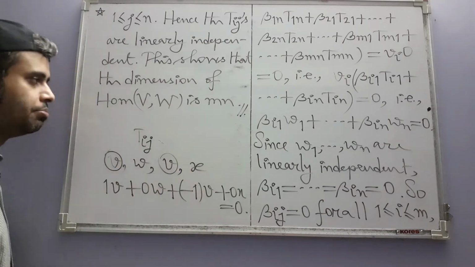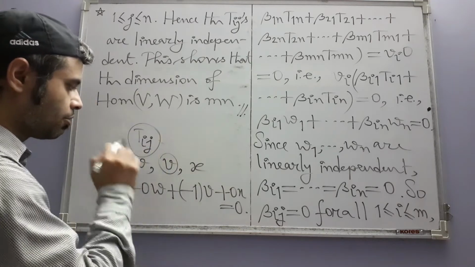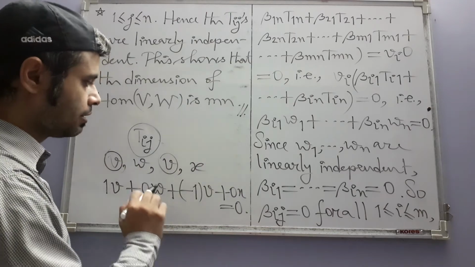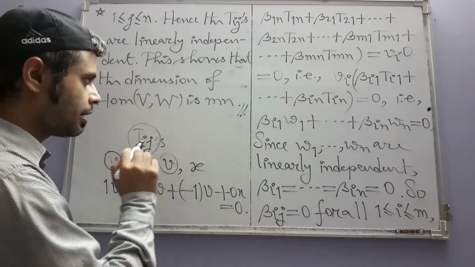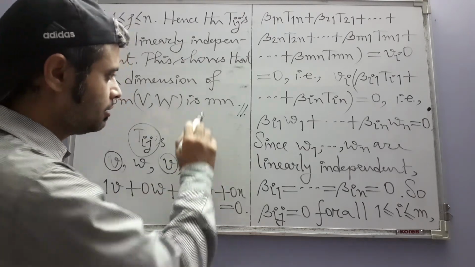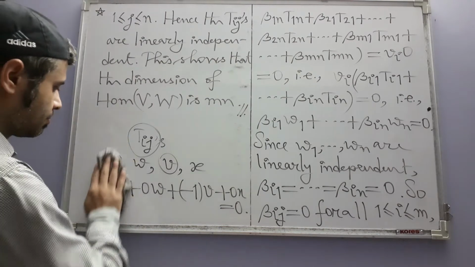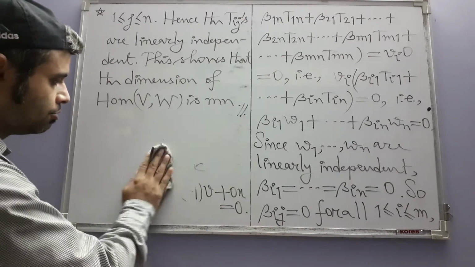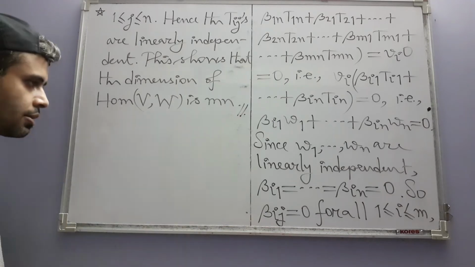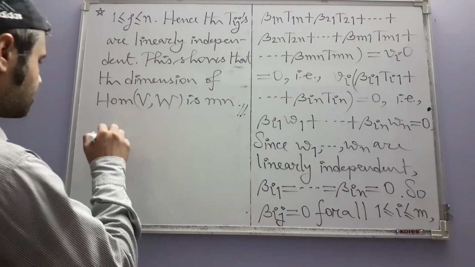They are linearly dependent. So the fact that you have shown that the Tij's are linearly independent automatically tells you that there is in fact no such repetition, and that's why the Tij's are distinct, and as a result there are mn number of Tij's, and that is why the dimension is mn. Okay. Now what does this have to do with Hom(V, W) having some vector other than the zero vector, which is what we are coming to next.